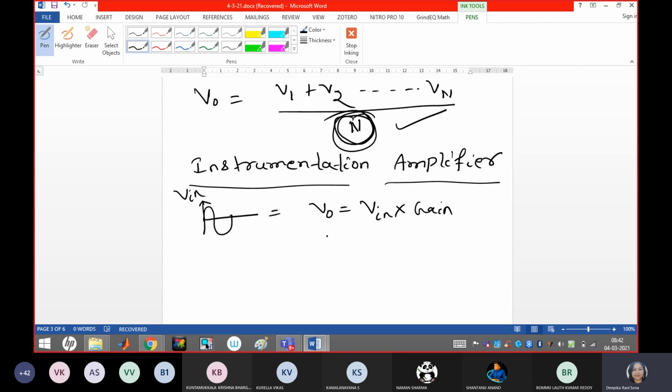So it is basically used to accurately amplify the low level signal. Just make a note of it, guys. To amplify accurately a low level signal.